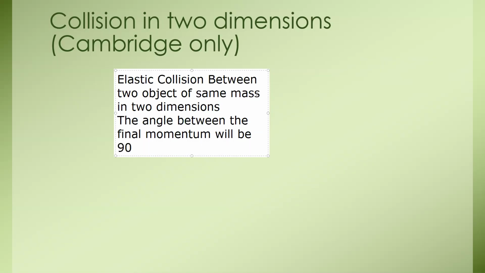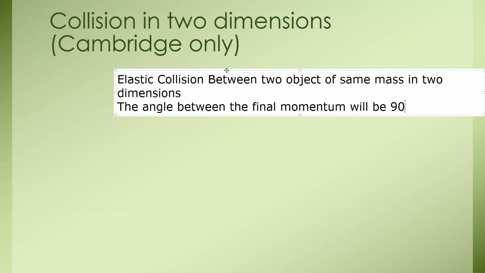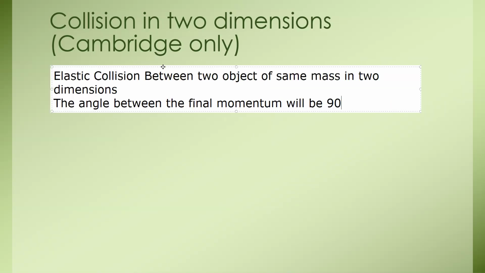So whenever there's an elastic collision between two objects which have the same mass, the angle will be 90.